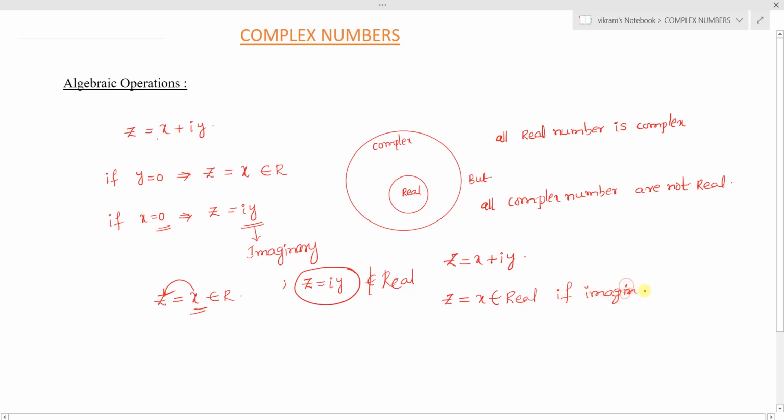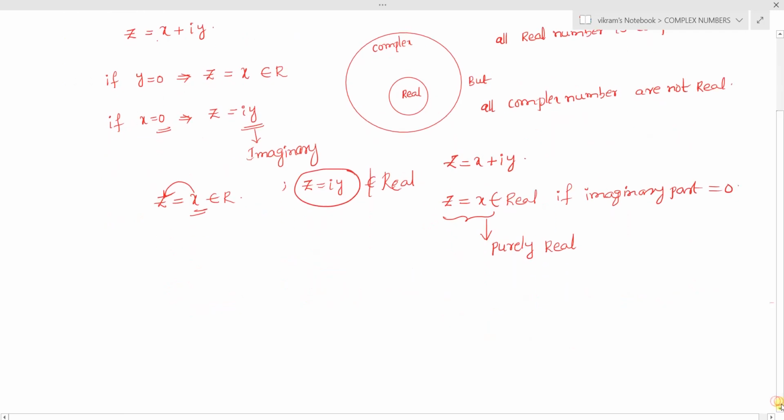If the imaginary part is 0, the complex number is a real number, and these types of numbers are called purely real. Then the complex number is called a purely real number.